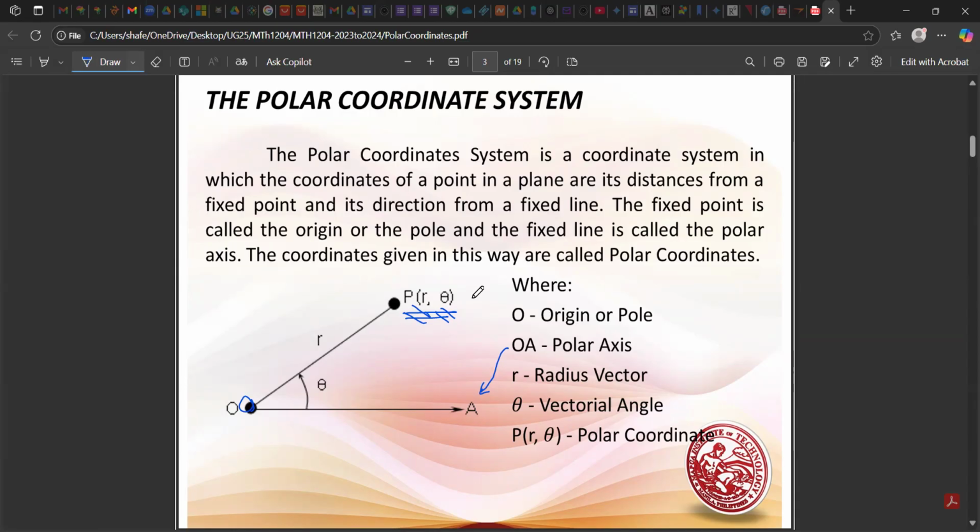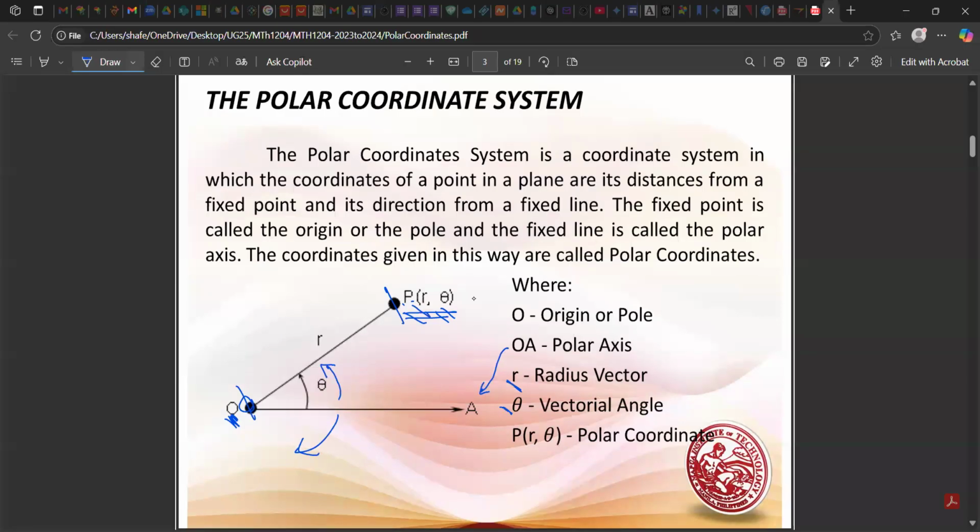From here, the angle theta is measured going this way. You can measure it going this way as well, but leave that for later. And the length of this line segment from the origin, or the pole, to the point is given by r, what they call the radius vector.